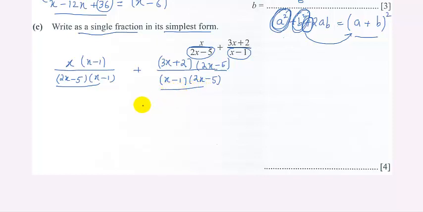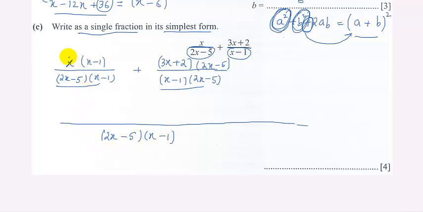So once we have the same denominator, this same denominator is LCM. I will put this huge big line, and I will write this denominator here, 2x minus 5 and x minus 1. So this is LCM.